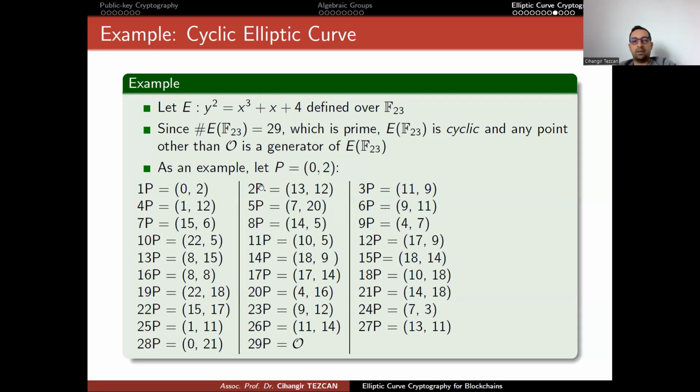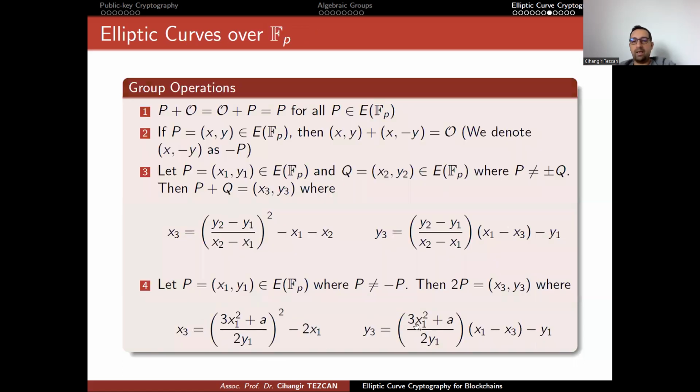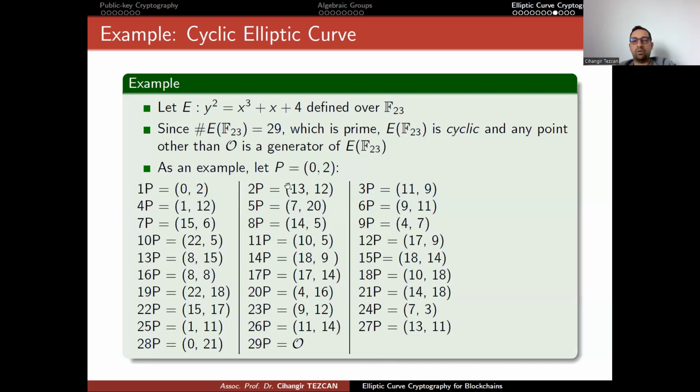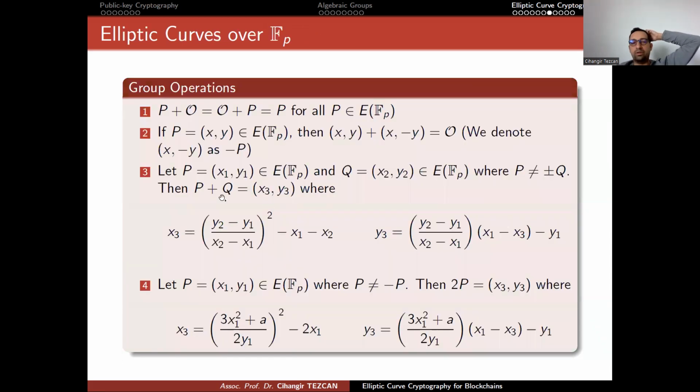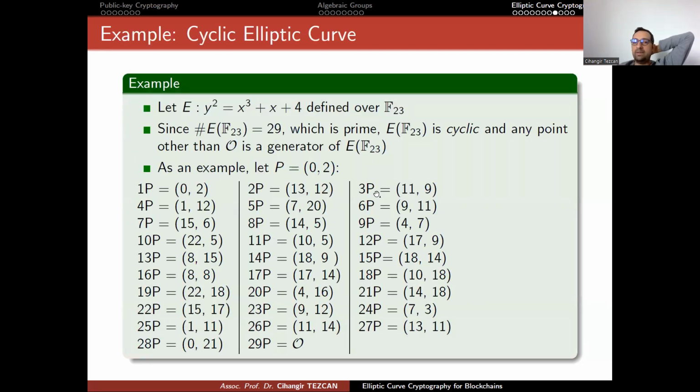If I want to calculate 2P, I have to go back to this definition, perform this operation. So if you do that, you obtain this point. Now I want to calculate 3P. So now I need to add this point to this point. Again, using the formula, this time using this one, because P and 2P are 2 different points, you end up with 3P.